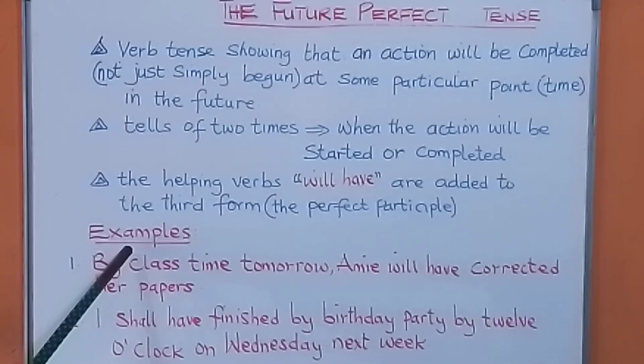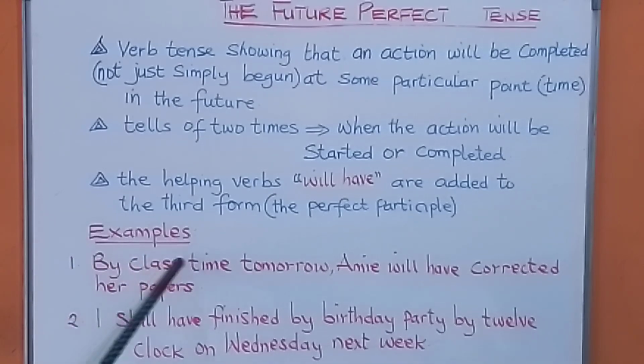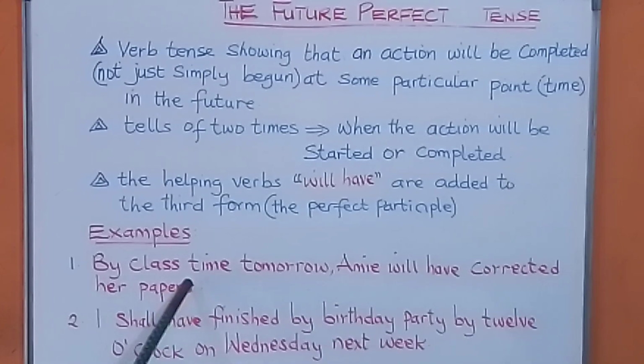Now let's take some examples. By class time tomorrow, Abby will have corrected her papers. You see, it's an action that will happen in the future, but it's fixing the time it will happen.